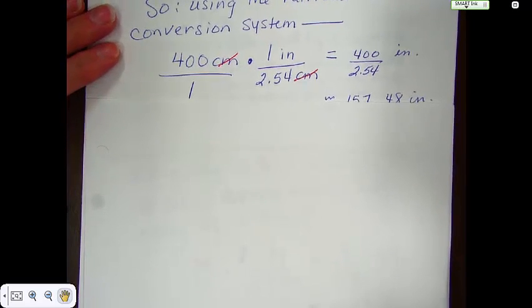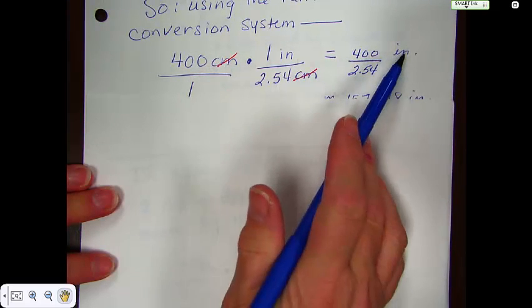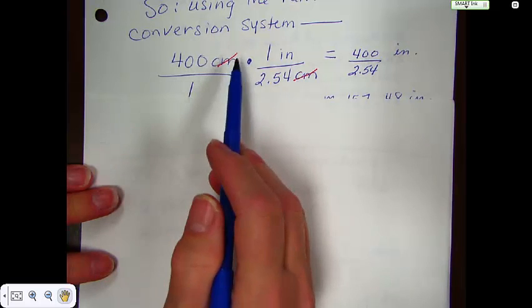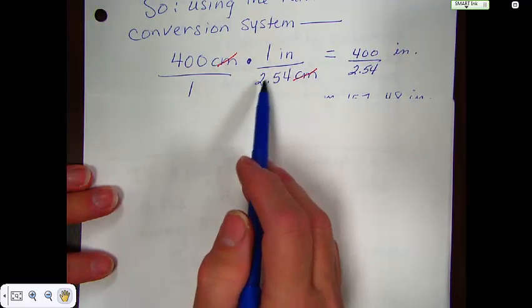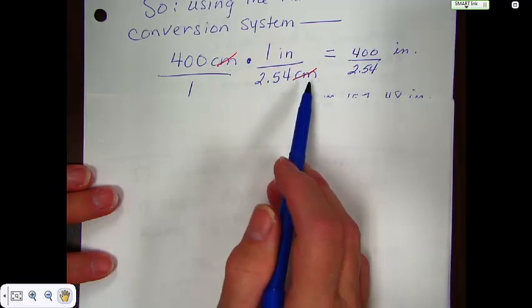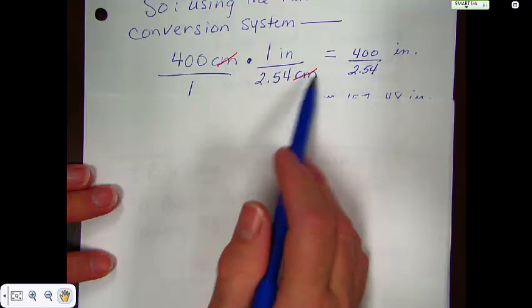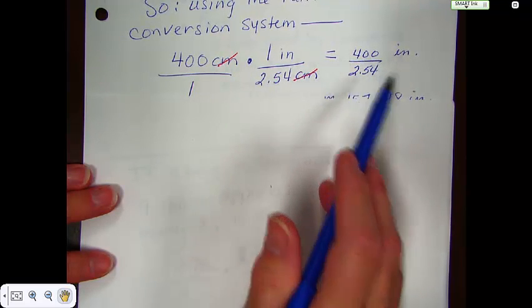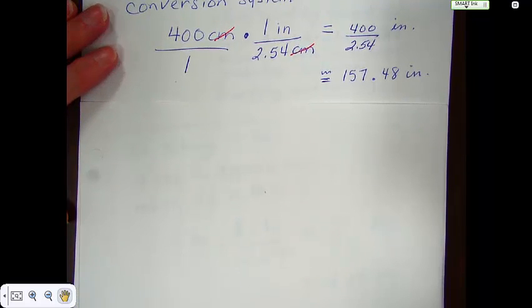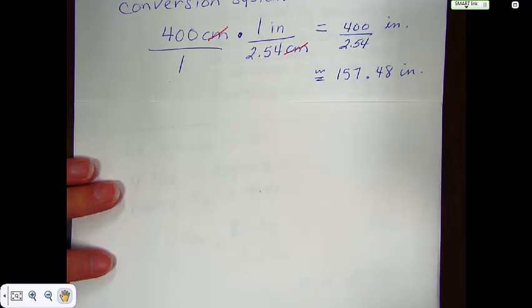I set this up so it said 400 centimeters, and we want to know how many inches that is. 400 centimeters over 1 times 1 inch over, in 1 inch there's 2.54 centimeters. Notice centimeters is in the top and the bottom. Cross out the commons, you end up with 400 over 2.54. You do the division, and 400 centimeters is equal to 157.48 inches approximately.